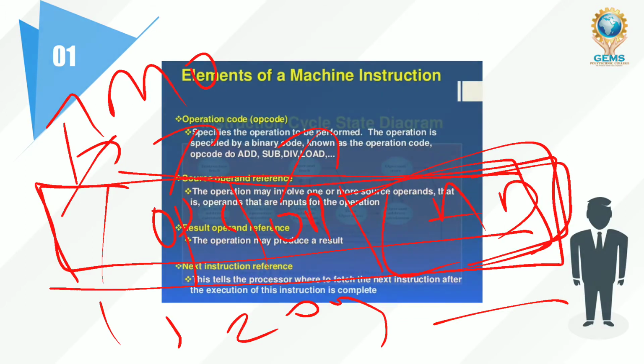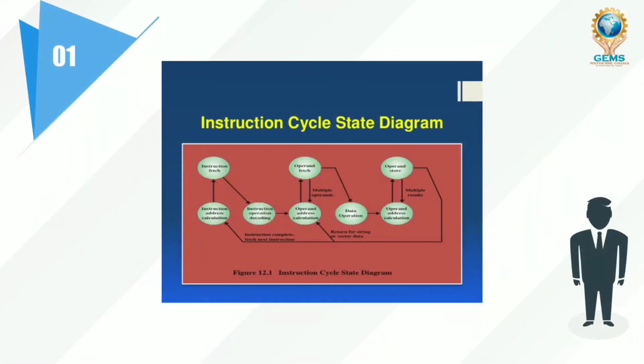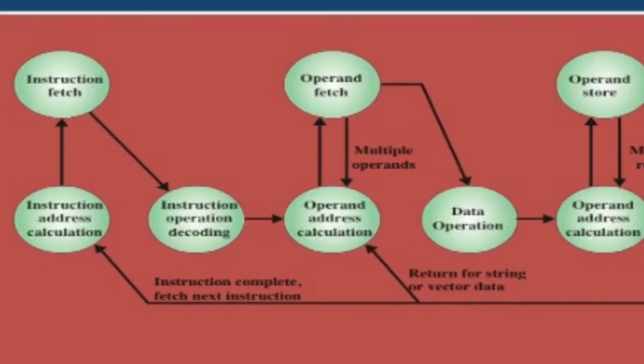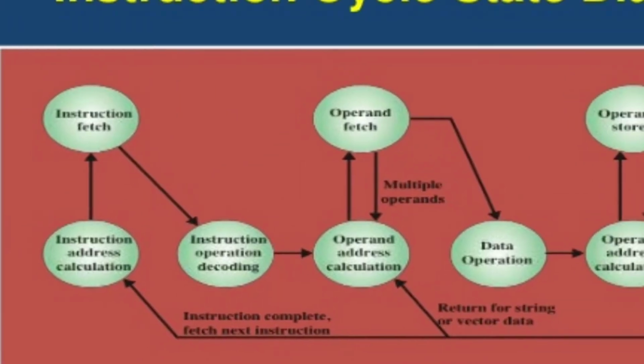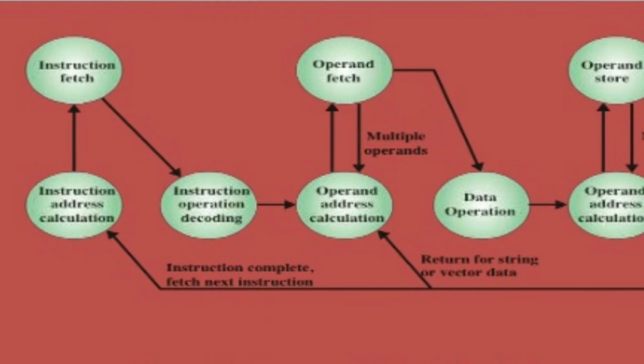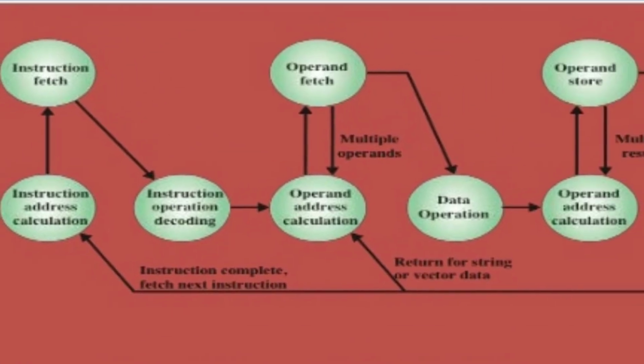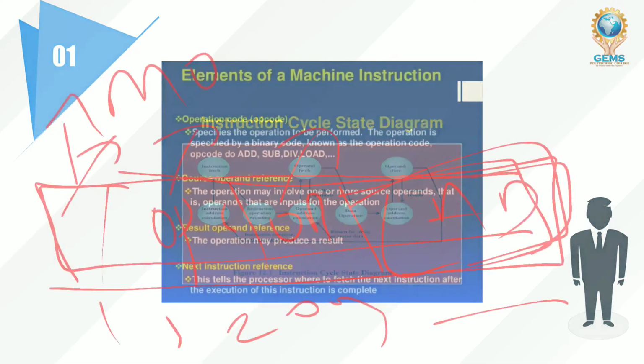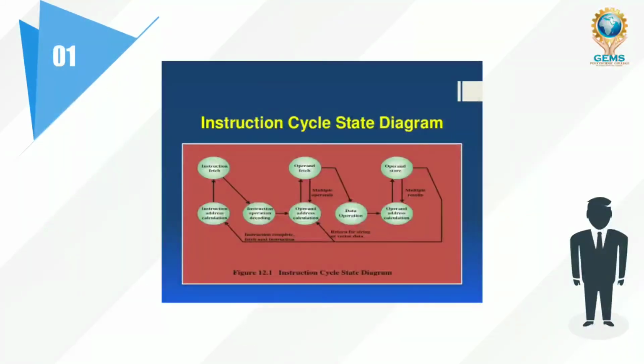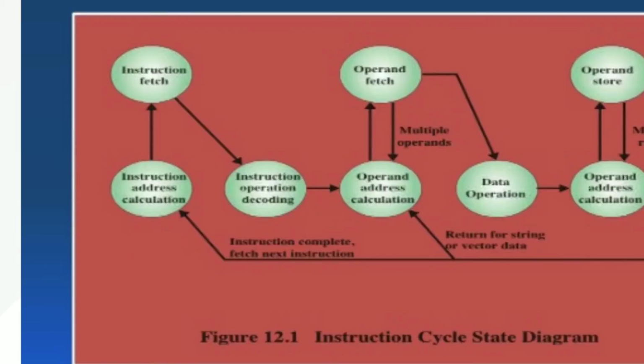Okay, so this is the instruction cycle state diagram. I'll enlarge it for you, just look here. When operations are performed in the computer with the help of instructions, first the instruction will be fetched, and then the instruction will be decoded.